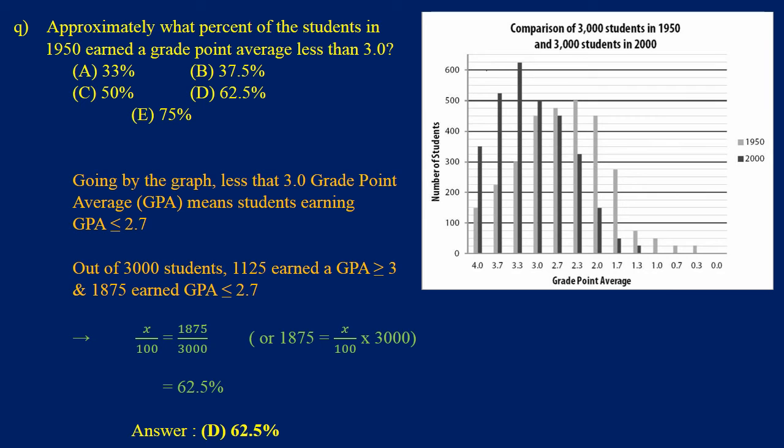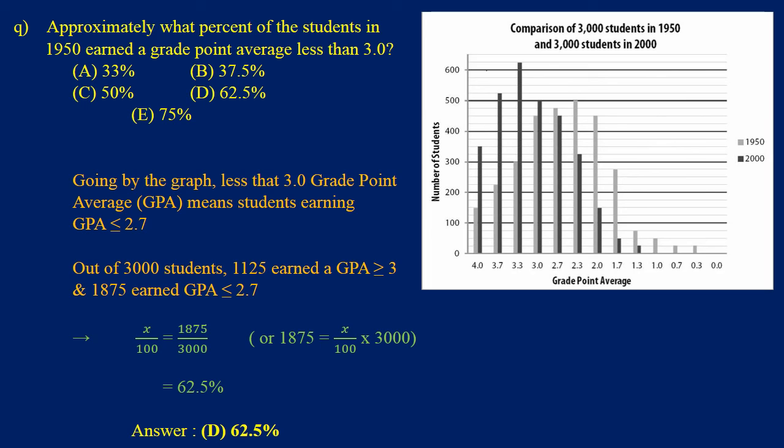Now, out of 3,000 students, 1,125 earned a GPA greater than or equal to 3, which means that 3,000 minus 1,125 is equal to 1,875, which is the number of students who earned a GPA less than or equal to 2.7, right?